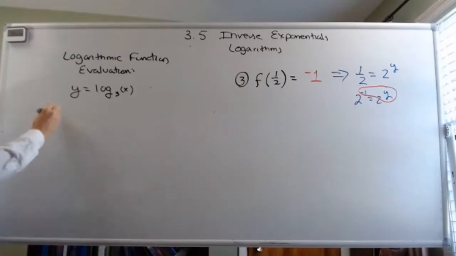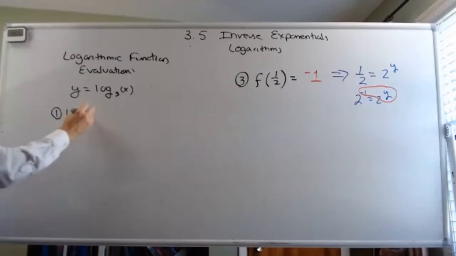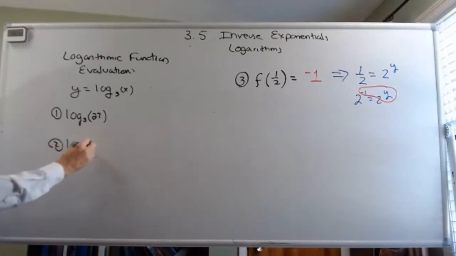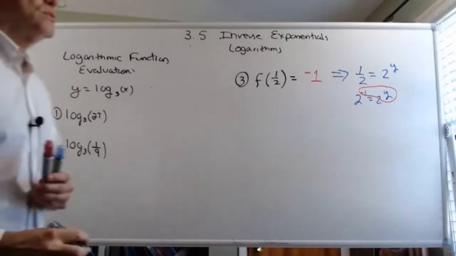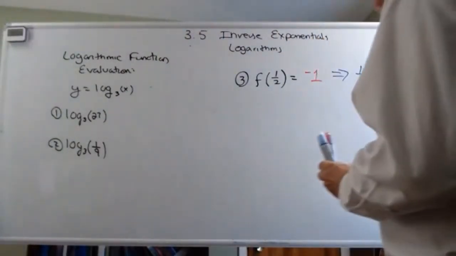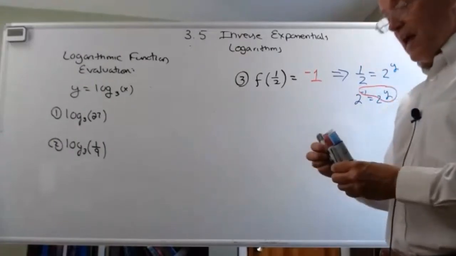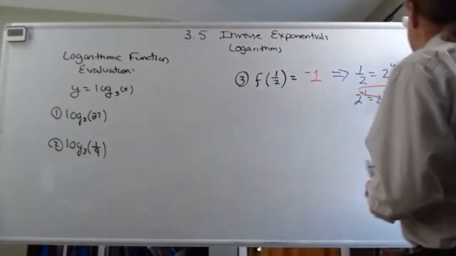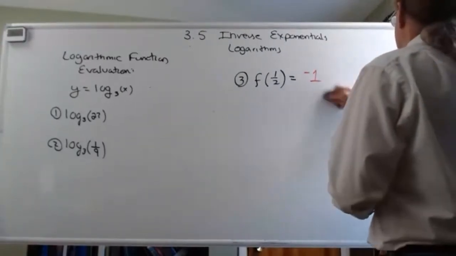I want to compute the following. Try these. I want to compute the log in the base 3 of 27 and the log in the base 3 of 1/9. Try those two and see if you can figure out what the exact answer is. Now on a lot of calculators you won't see those log buttons. We're going to show how to handle it.